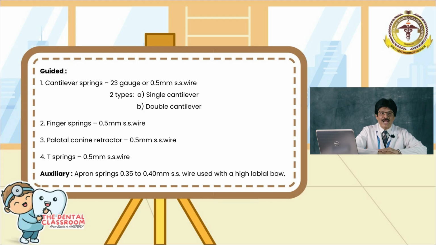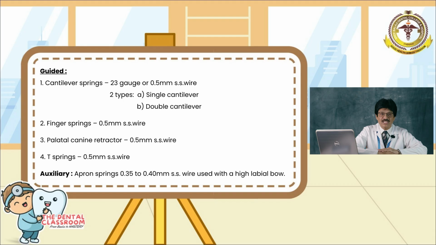We have the guided springs, which are the cantilever springs, made up of 23 gauge or 0.5 millimeter stainless steel wire. These cantilever springs are of two types, namely single cantilever and double cantilever. Then we have the finger springs, which are made up of 0.5 millimeter stainless steel wire. We have the palatal canine retractor, made up of 0.5 millimeter stainless steel wire.